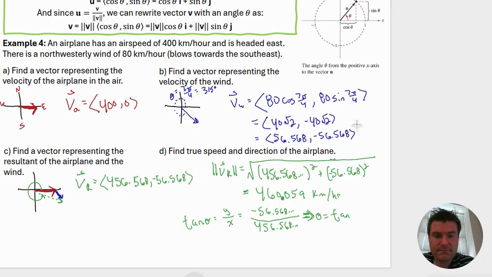I'll write it out. Inverse tangent of this negative 56.568, there's more there, and this 456.568, again, there's more there. I got an answer of negative 0.123 radians. It's fantastic. If they want to know what this is in terms of south and east and west and north or whatever, this is clearly going, that's why it helps to draw the picture, clearly going southeast.